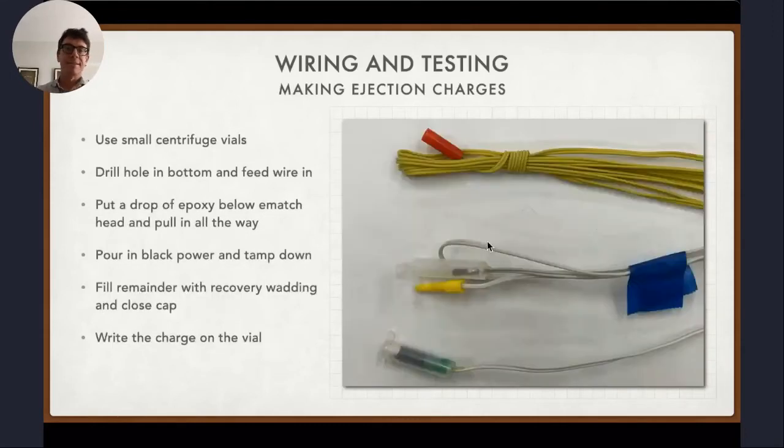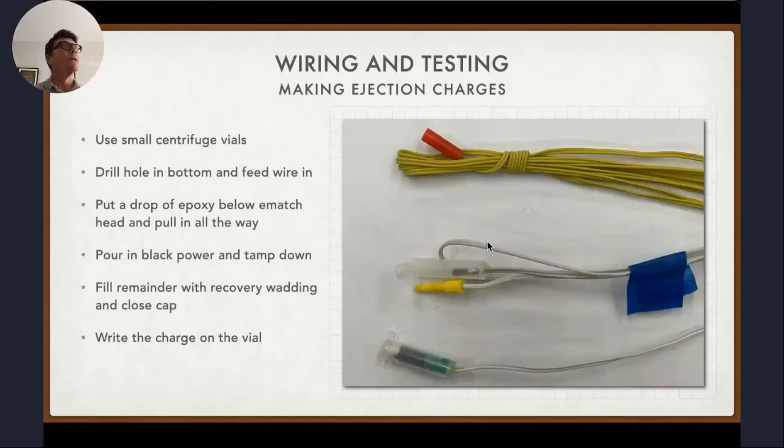And so now we need to make the ejection charges. So here at the top is an electric match. This is kind of how they come. The red cap is protecting the match head, and different people have different techniques. I prefer to use little separate charges, and I generally use centrifuge vials or other small plastic containers.